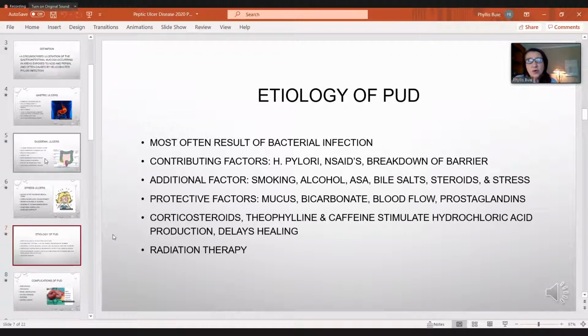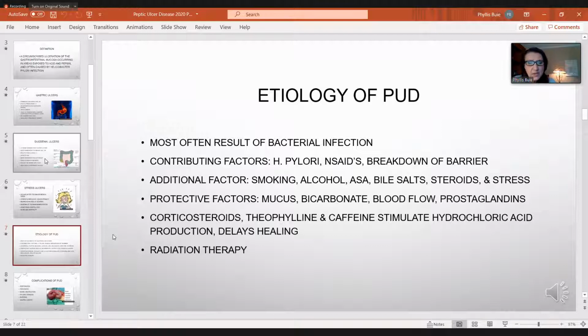Maybe they are smokers. Maybe they ingest alcohol. Maybe they are on steroids, because steroids can be a culprit for developing peptic ulcers as well. And of course, we all know that stress may also be related to developing stress ulcers or ulcers in general in some people.